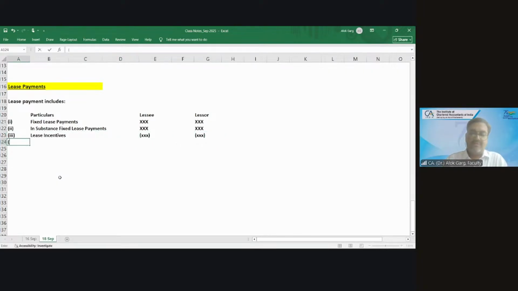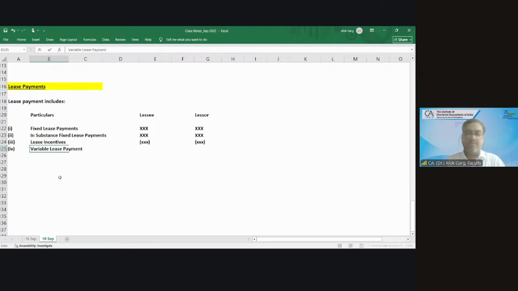Then fourth. What is the fourth one? Variable lease payments depending on the index or a rate, right?